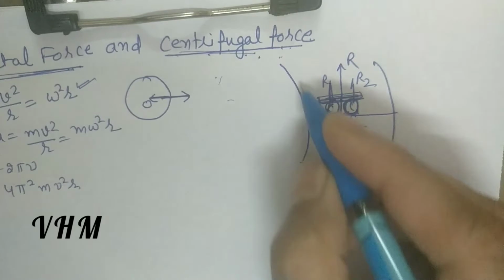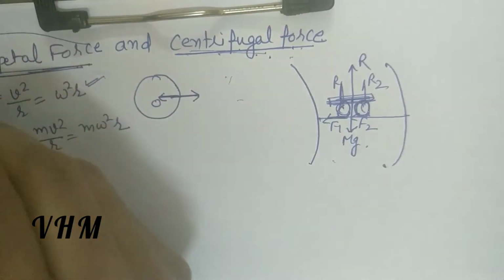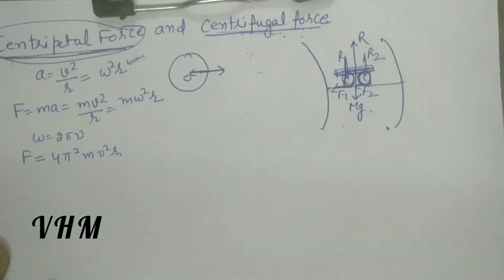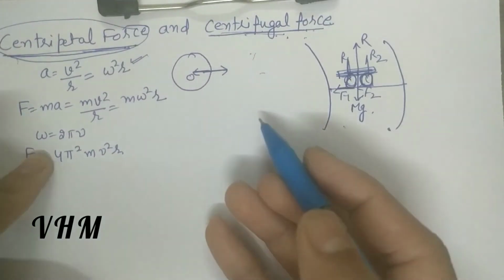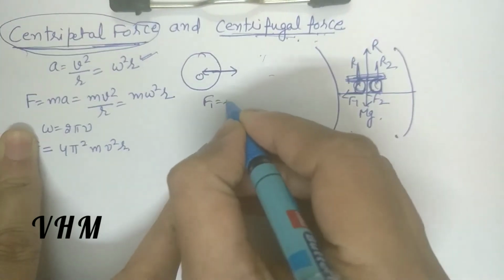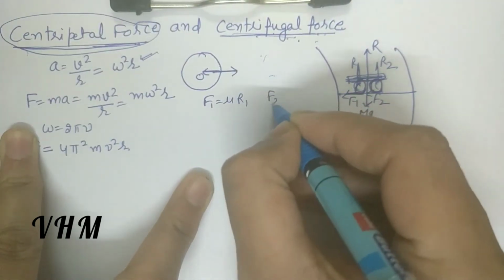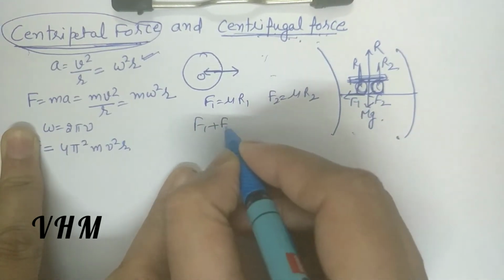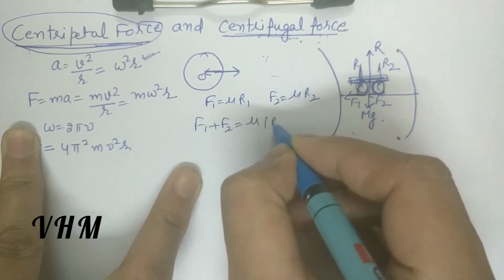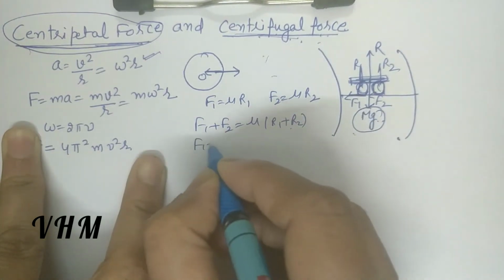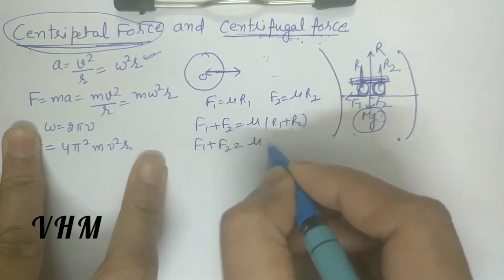Now to turn, we need the centripetal force, and we have to identify the source of this force. On the level road, the friction F1 is mu R1 and F2 is mu R2, so F1 plus F2 is mu (R1 plus R2), which is balanced by the weight, so F1 plus F2 is mu mg.